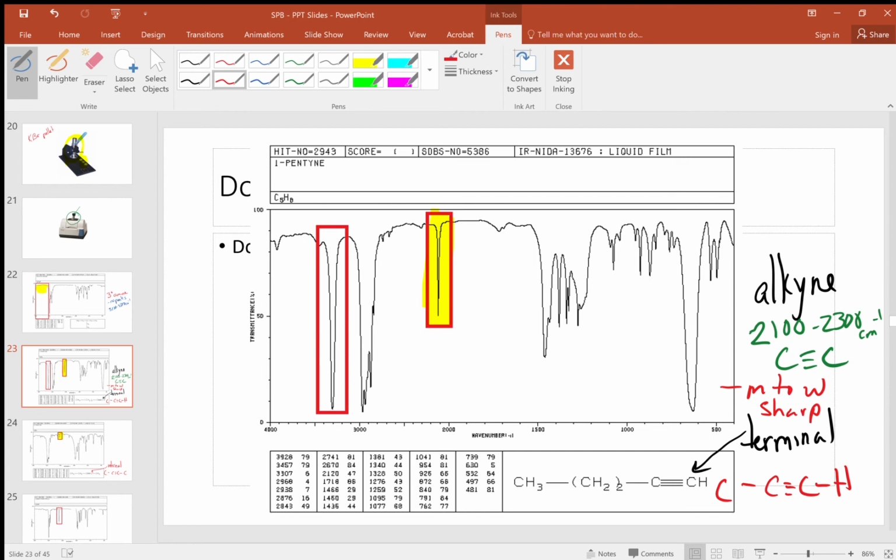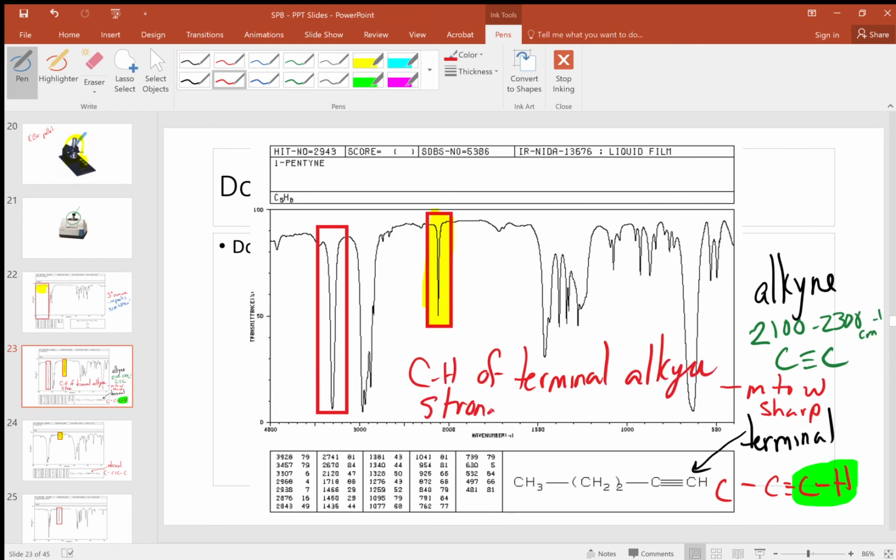But in addition to being able to see the triple bond, if we have a terminal alkyne, the C-H of a terminal alkyne is generally strong and sharp and shows up around 3,300 wavenumbers.